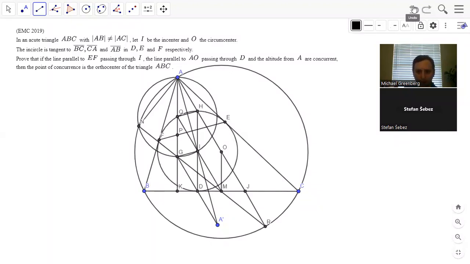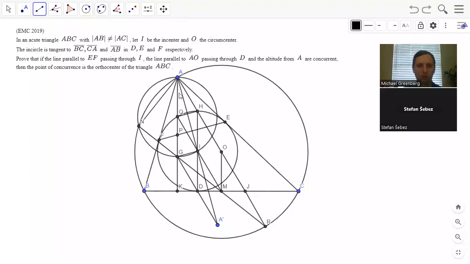It'll just be a matter of typing up stuff. Because once we know all that, we know that IG is parallel to QH because of AO. But what is the definition of Q? Q is where the altitude intersects the circle.